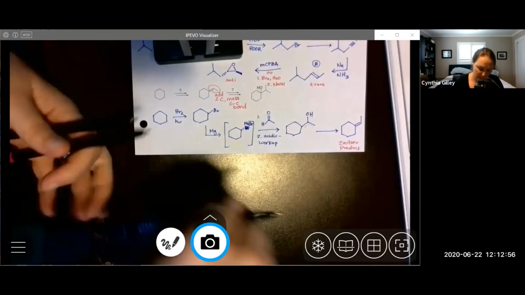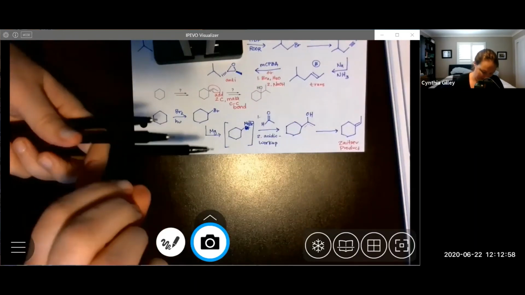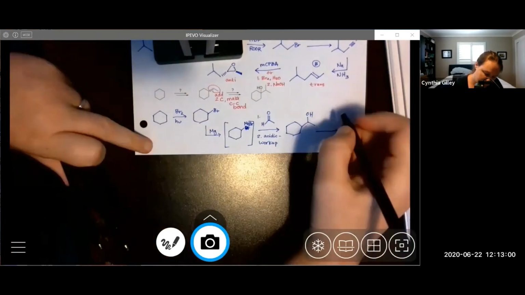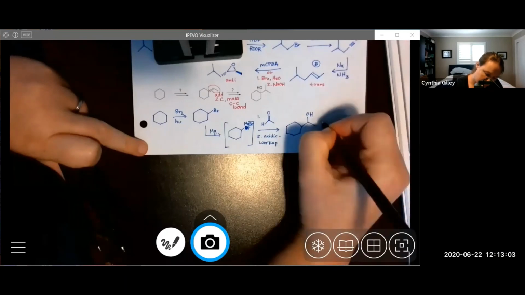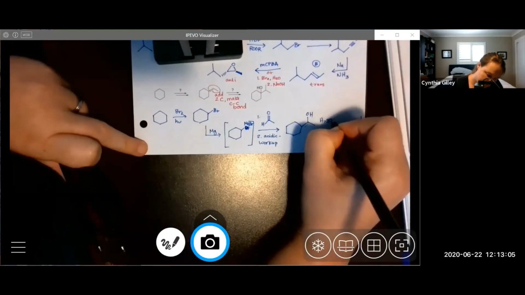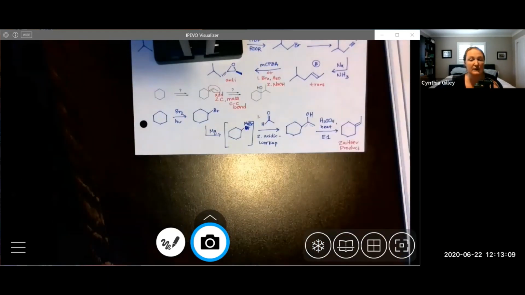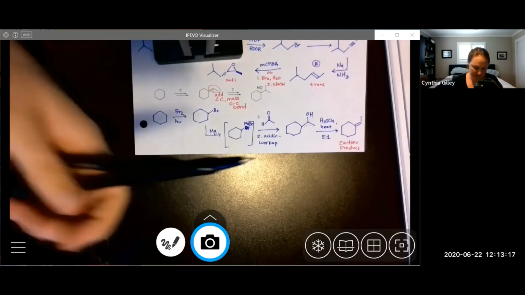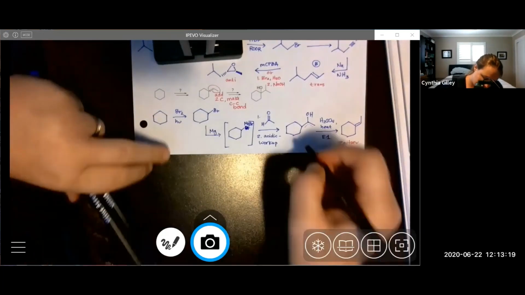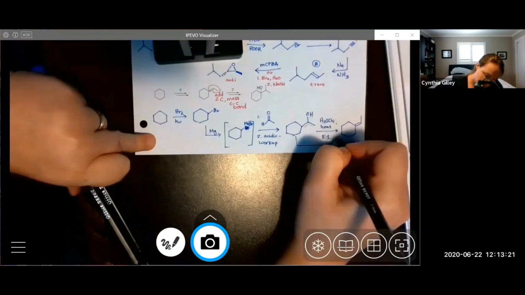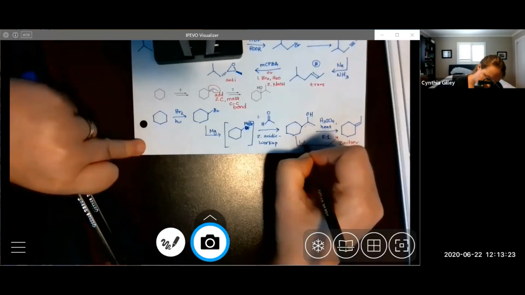So with the Zaitsev product and an alcohol, easiest to just do H2SO4 and heat. Alternatively, you could also tosylate with TsCl and pyridine and then treat it with a small base like sodium hydroxide. So those are alternate conditions, a little bit longer.